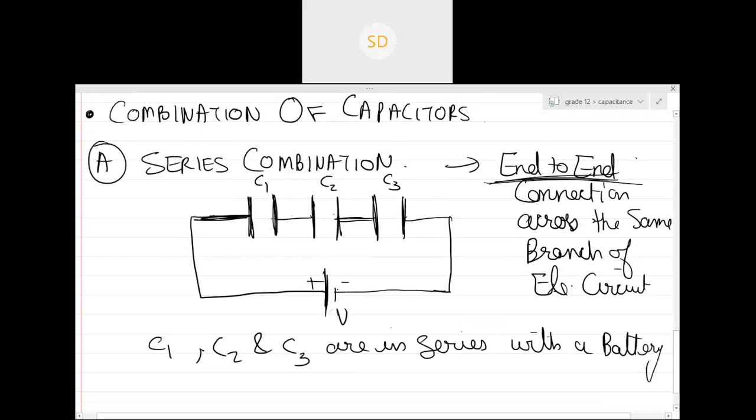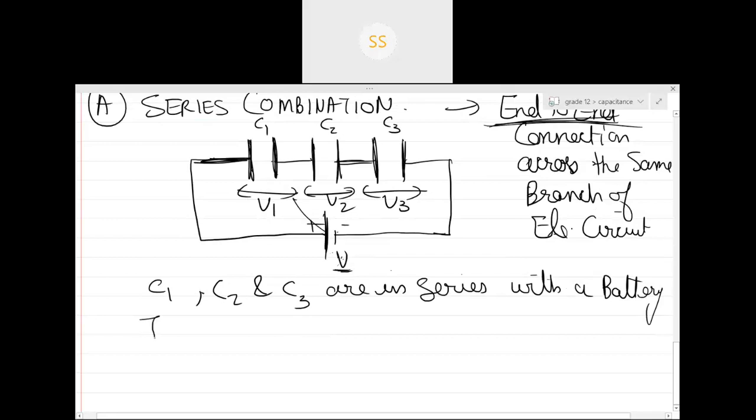When you have a combination, the potential across this battery will divide into three different things: V1, V2, and V3. In series, what divides? Do you remember? The voltage, or the potential difference, divides.